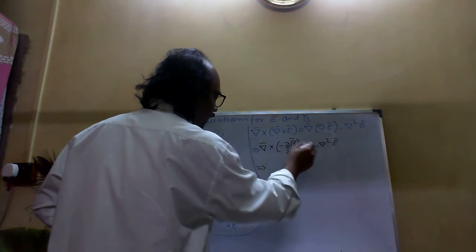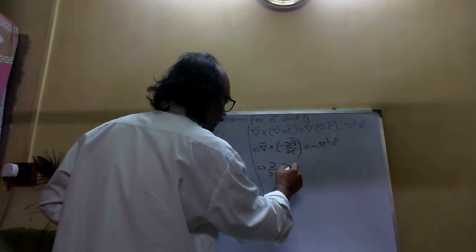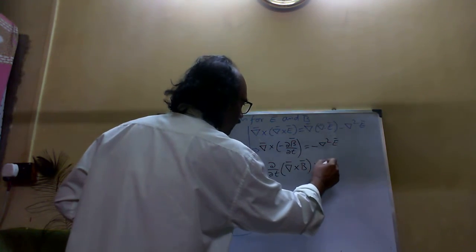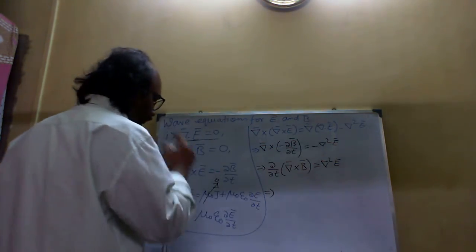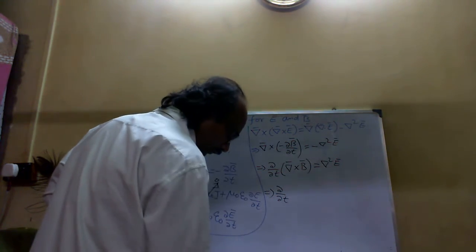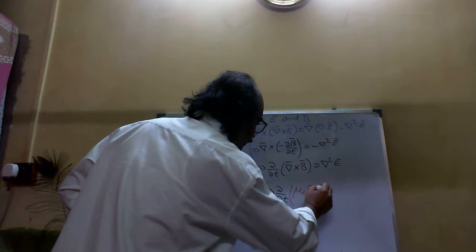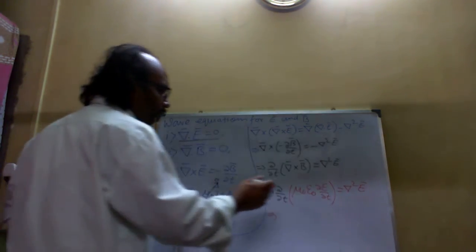We'll take curl inside, minus will cancel out. Del by del t of curl B is equal to del square E. Curl B is mu naught epsilon naught del E by del t, that is equal to del square E. We will do the rearrangement.